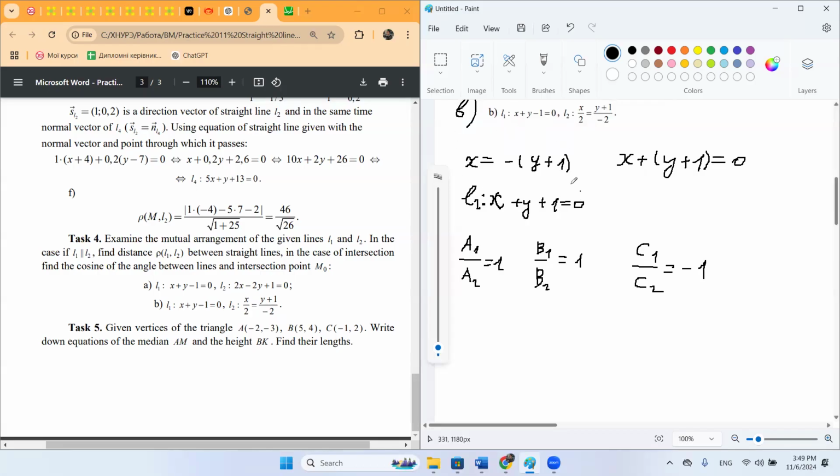Basically, both these equations are quite convenient. So no fractions seem to be here. So any you want.